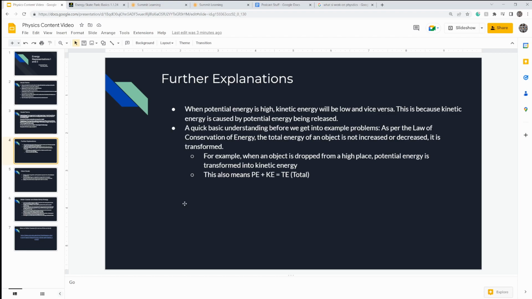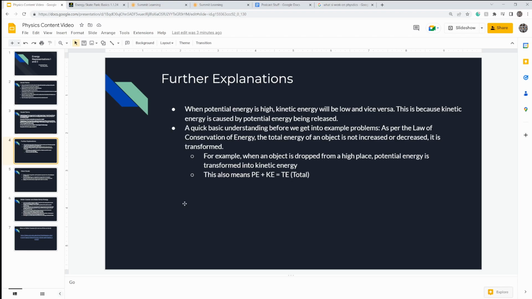And a quick basic understanding of something before we go any further. The law of conservation of energy is that the total energy in an object is not increased or decreased. It's always transformed. So when you see kinetic energy and potential energy get lower or higher, it never just goes somewhere random. It always stays between each other, or also thermal energy, which I will explain later.